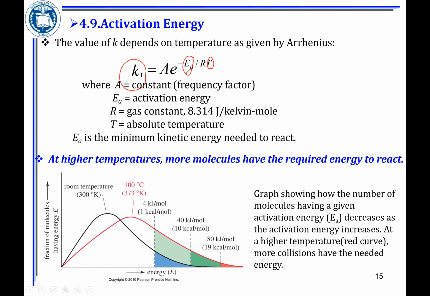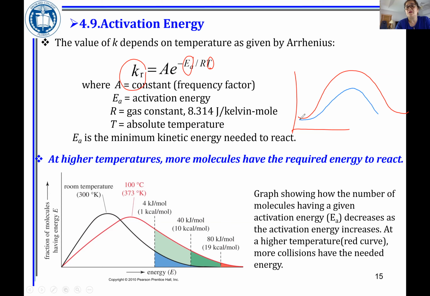The smaller the activation energy is, the faster the reaction. If you have two reactions, one with higher activation energy and the other with lower activation energy, the one with the lower activation energy is going to be faster. So the blue one is going to go faster than the red one.